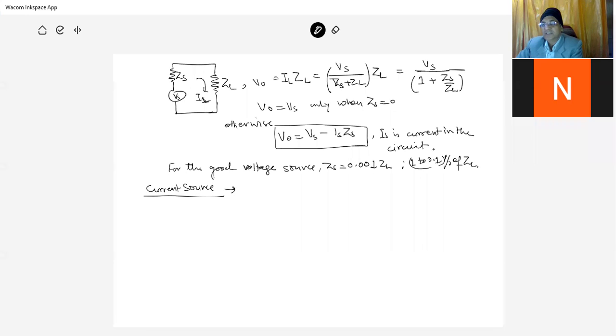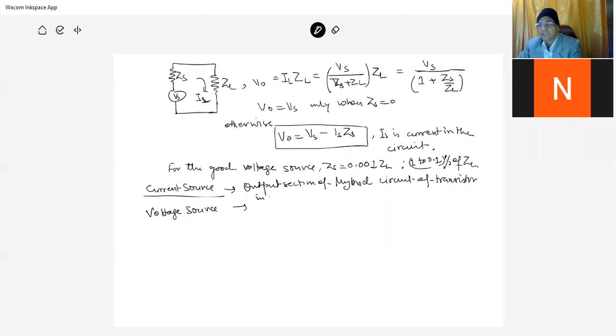in case of the output section of hybrid circuit of transistor in electronics, and the voltage source circuit of transistor in output section, right?